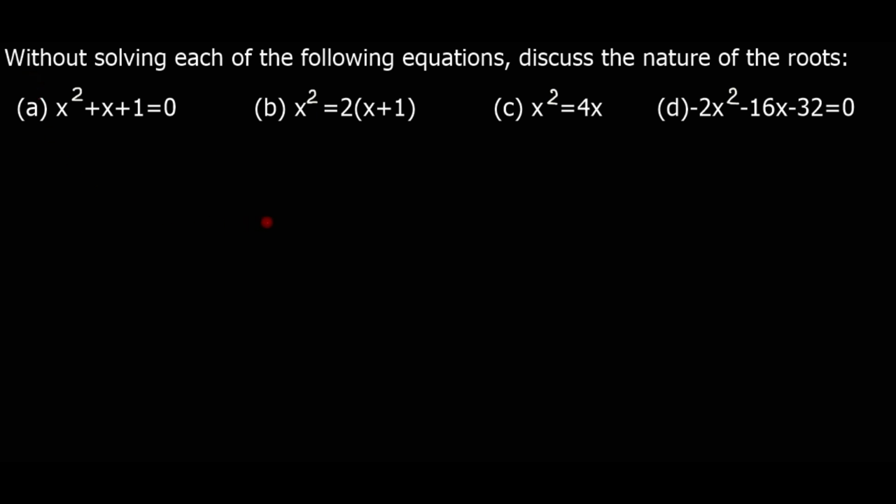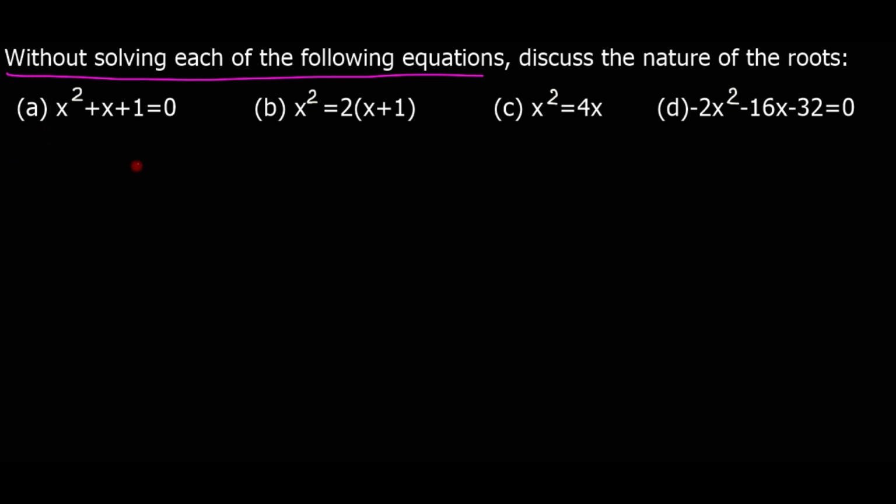This question says, without solving each of the following equations, discuss the nature of the roots. So it means we must not use the quadratic formula, because here it says without solving each of the following equations. So it means we will use the discriminant. So let's look at part A first.